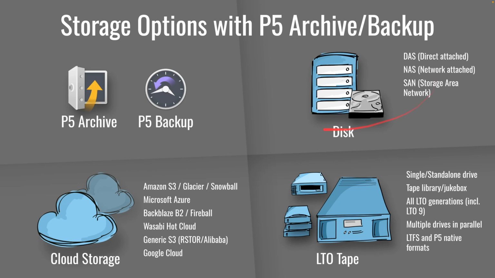You can also archive to disk, although this is a less useful way of moving cold data because disks have a relatively short lifespan, are relatively expensive per terabyte versus the cost of the cheapest cloud storage, and certainly LTO tape storage, which has a very low cost per terabyte.